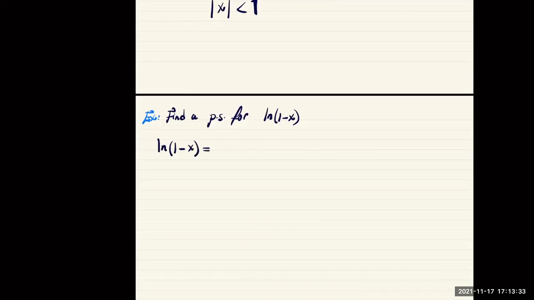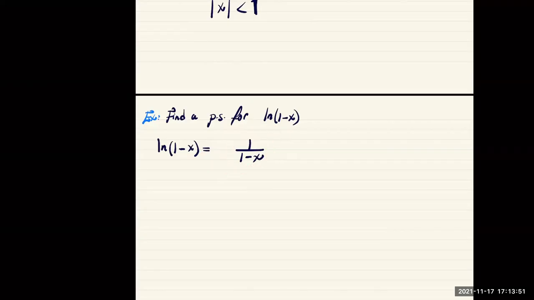Okay, I have to somehow relate that to 1 over 1 minus x. I have to rewrite the ln of 1 minus x in terms of 1 over 1 minus x, because we know the power series of that.